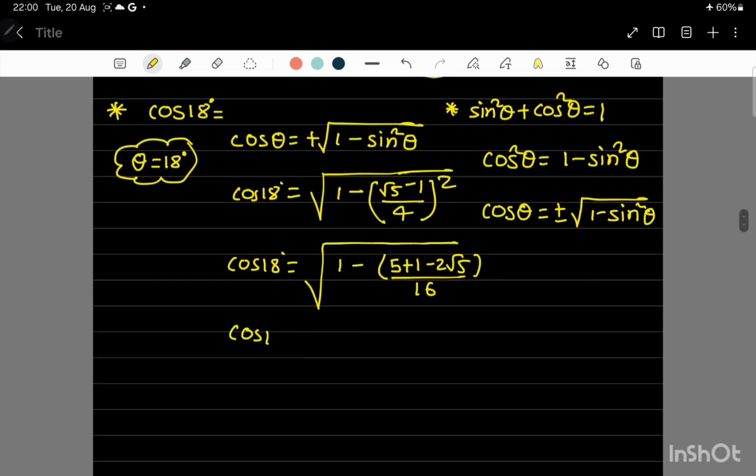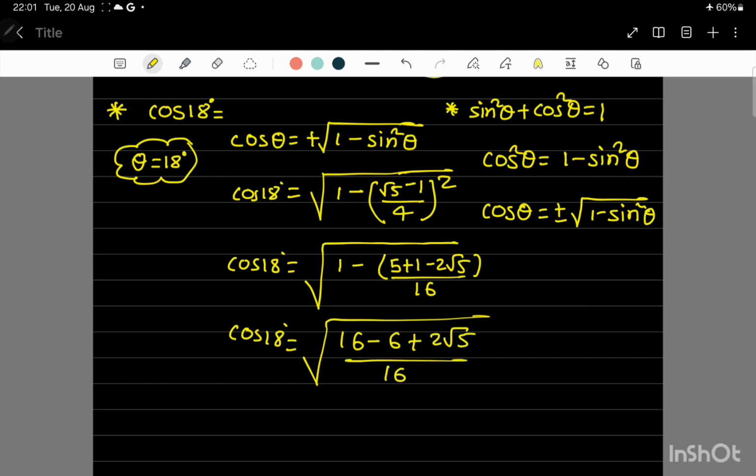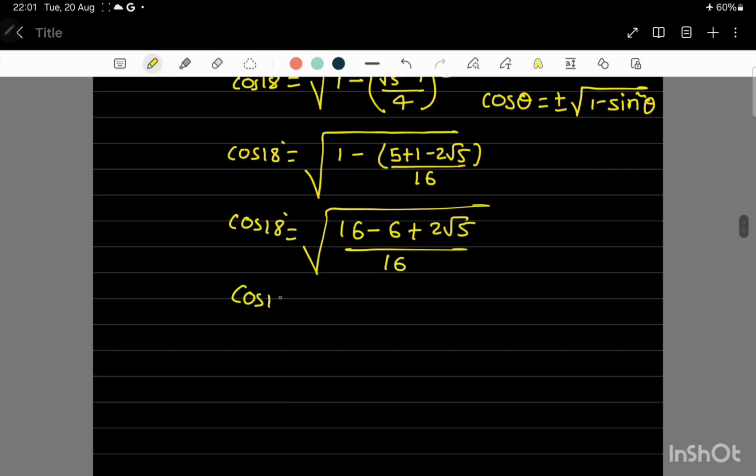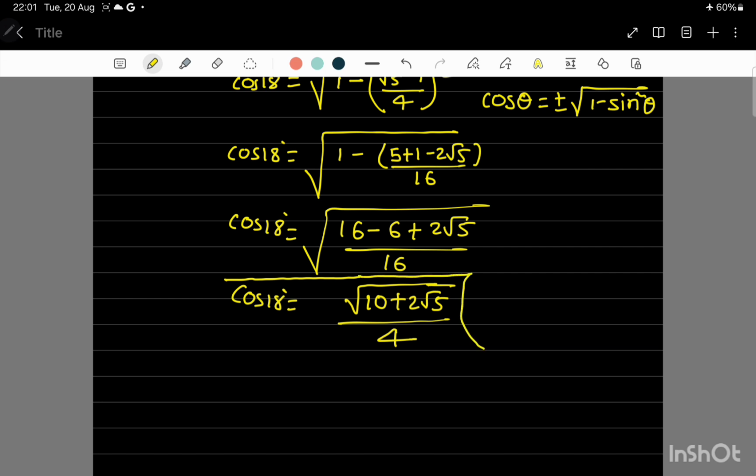So cos 18 degrees is equal to root of (16 minus 6 plus 2 root 5) divided by 16. So cos 18 is equal to root of (10 plus 2 root 5) divided by root 16, which is 4. So cos 18 degrees is equal to root of (10 plus 2 root 5) divided by 4.